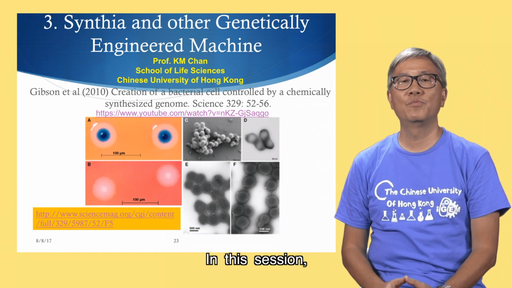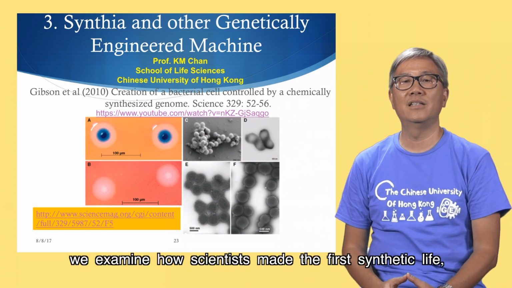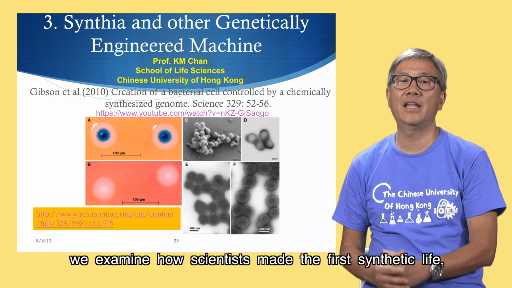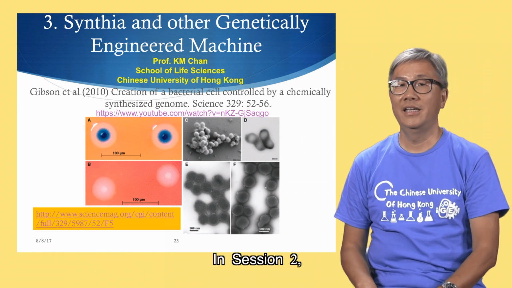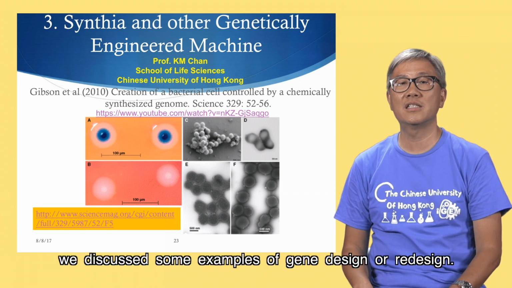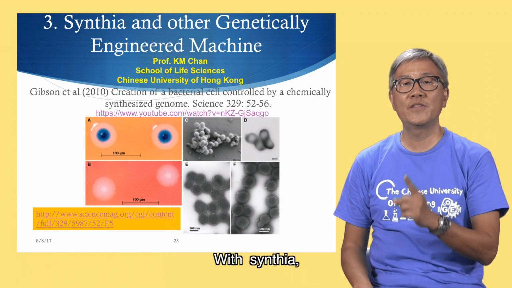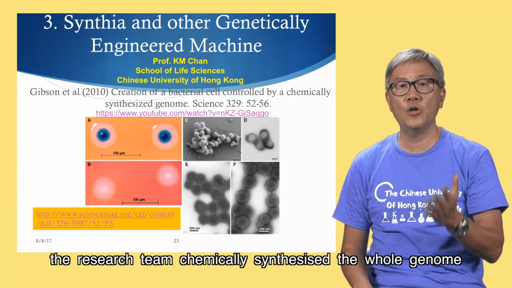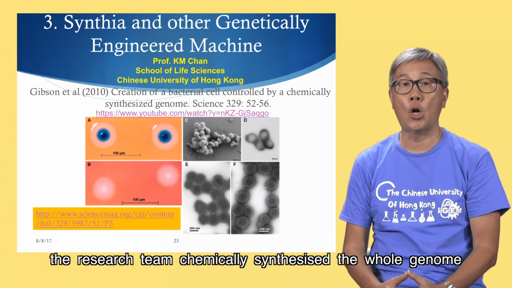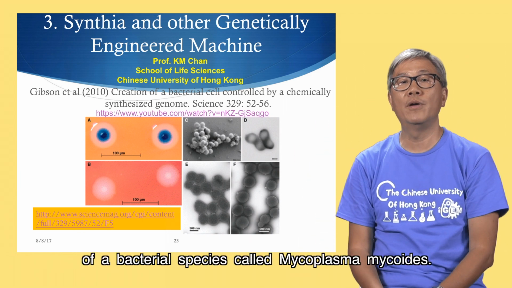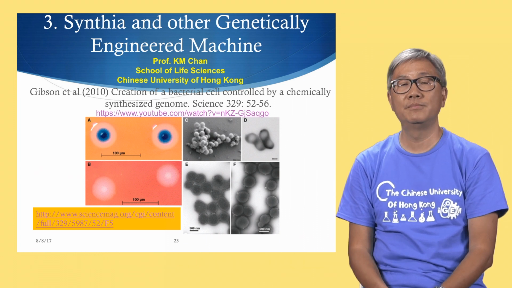In this section, we examine how scientists made the first synthetic life, called Synthia. In section 2, we discuss some examples of gene design or redesign. With Synthia, the research team chemically synthesized the whole genome of a bacterial species called Mycoplasma mycoides.